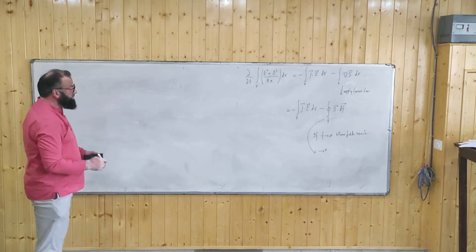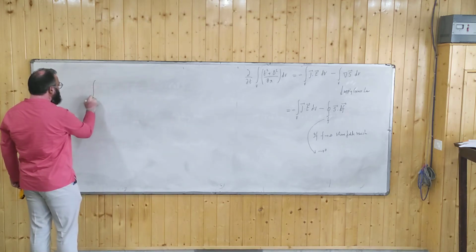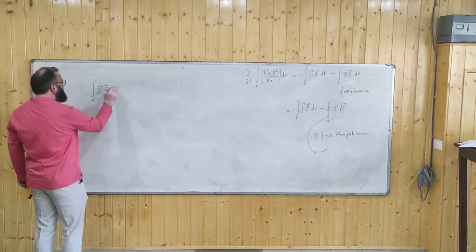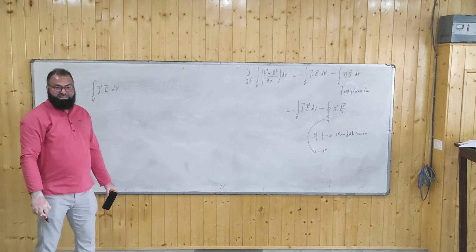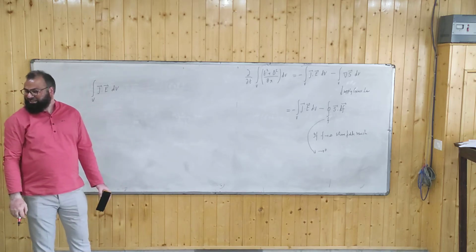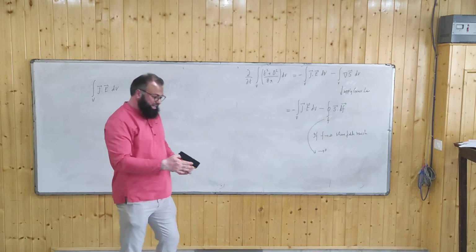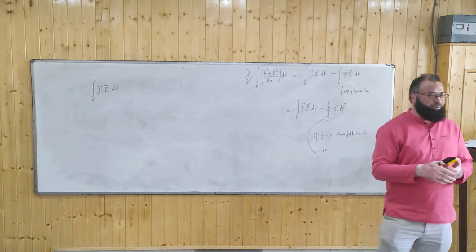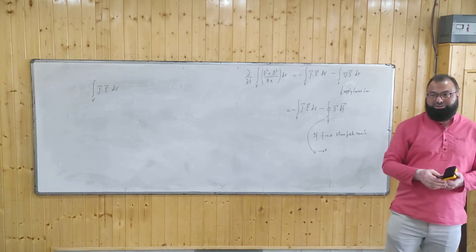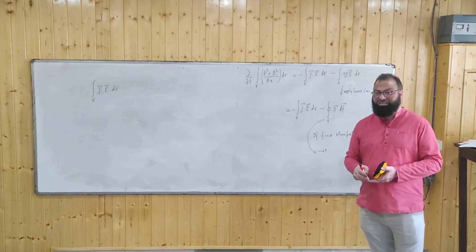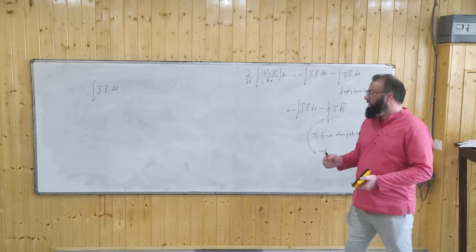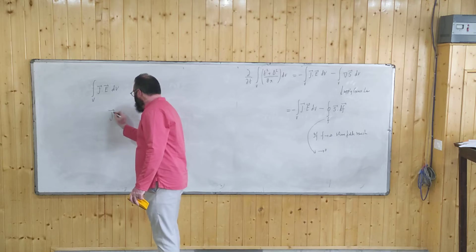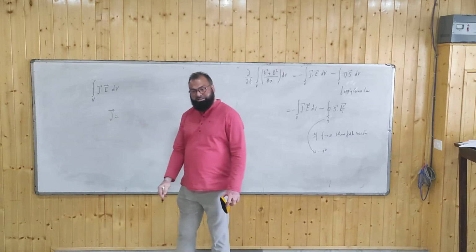So what is this j? Integration over j dot E. Can you tell me how I can write it in the discrete form? Since this is integration over volume, how can I write it if you now have point charges? Let's consider point particles carrying charge. How can I write the current density for a single point charge?